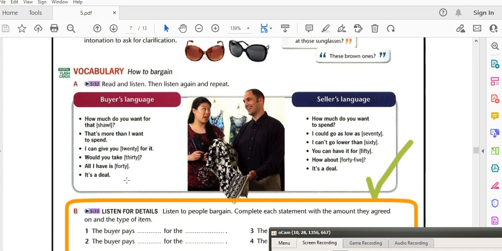How much do you want for that shawl? That's more than I want to spend. I can give you 20 for it. Would you take 30? All I have is 40. It's a deal.